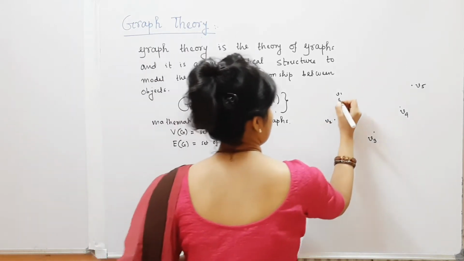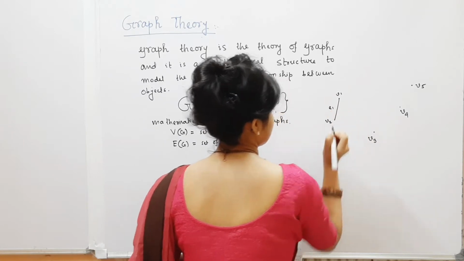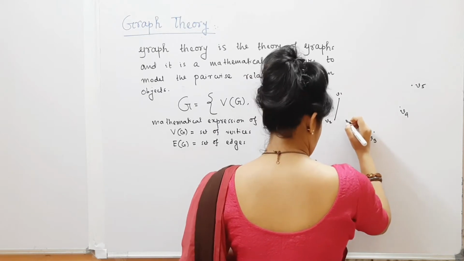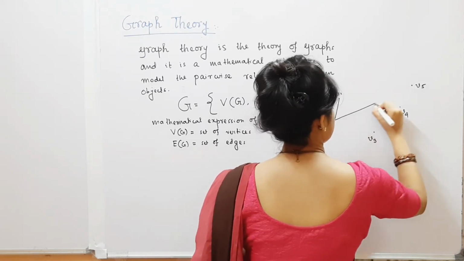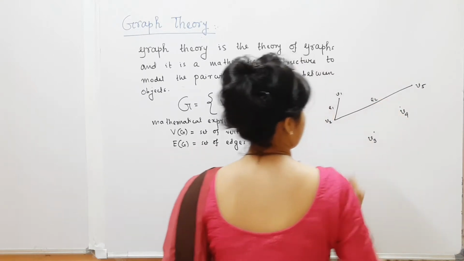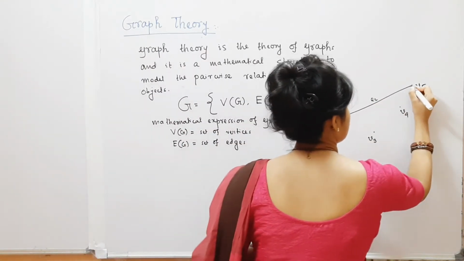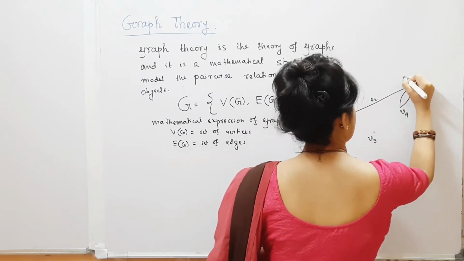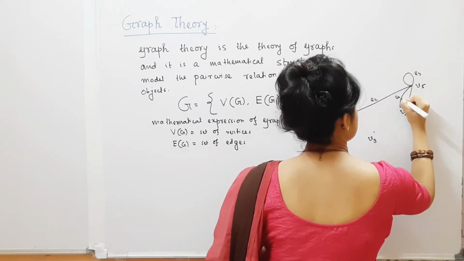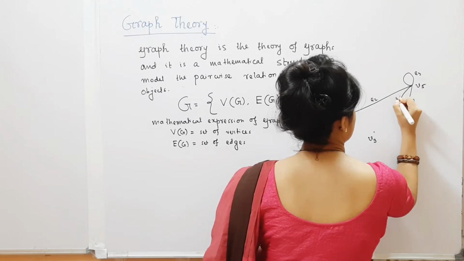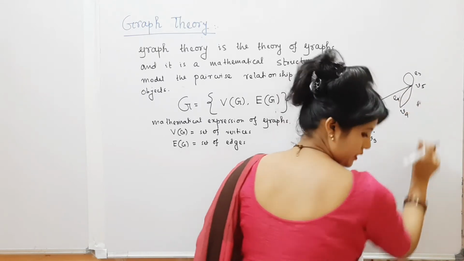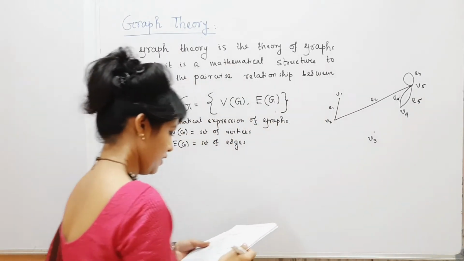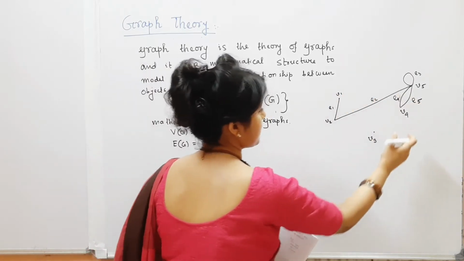The edge from V1 to V2 is named E1, and then V2 to V5 is named E2. Then there are other edges: this is E3, this is E4, and this is E5. So this is the picture of a graph.